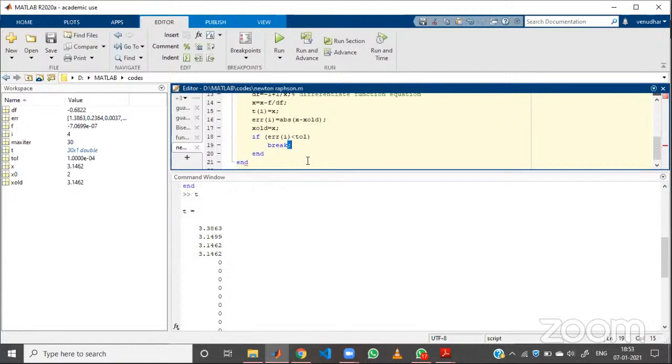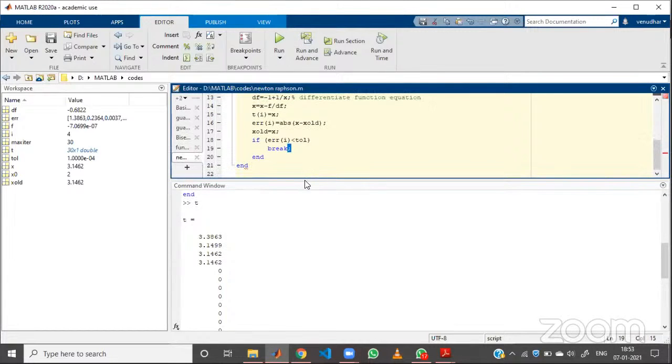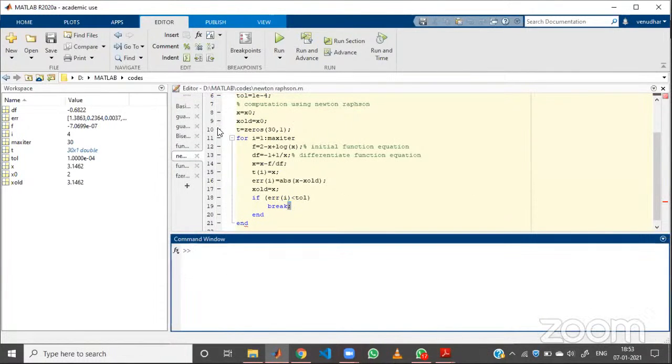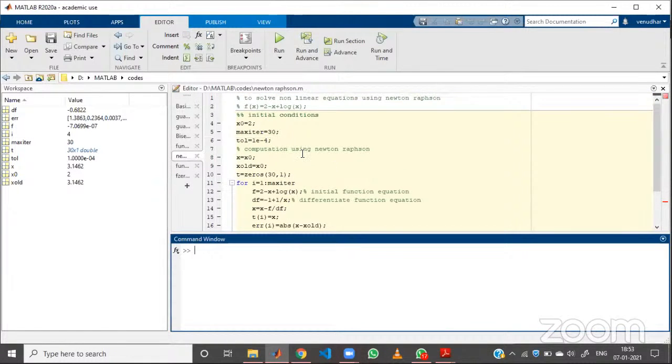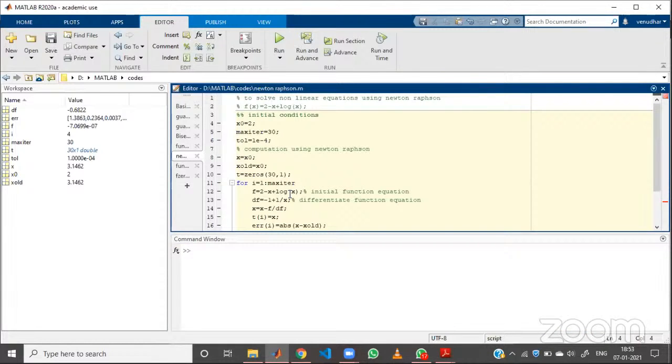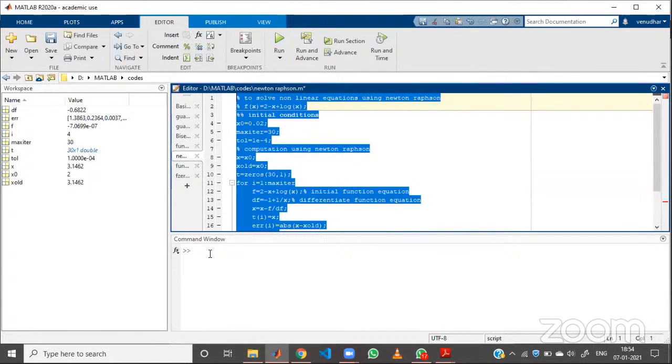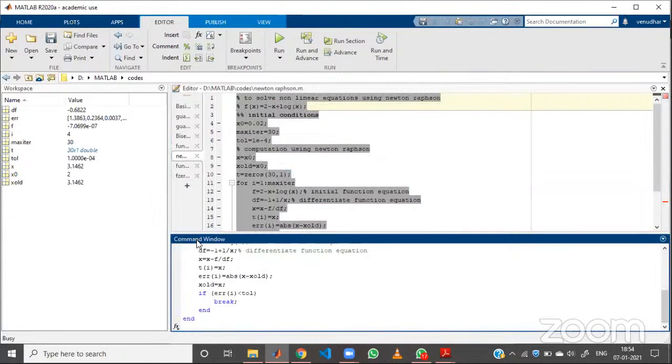Okay, if we had a different, so let me get the other value of x. For the other value of x, we have to take another initial condition, 0.02. Control C, control V. So what were the values of x we have?